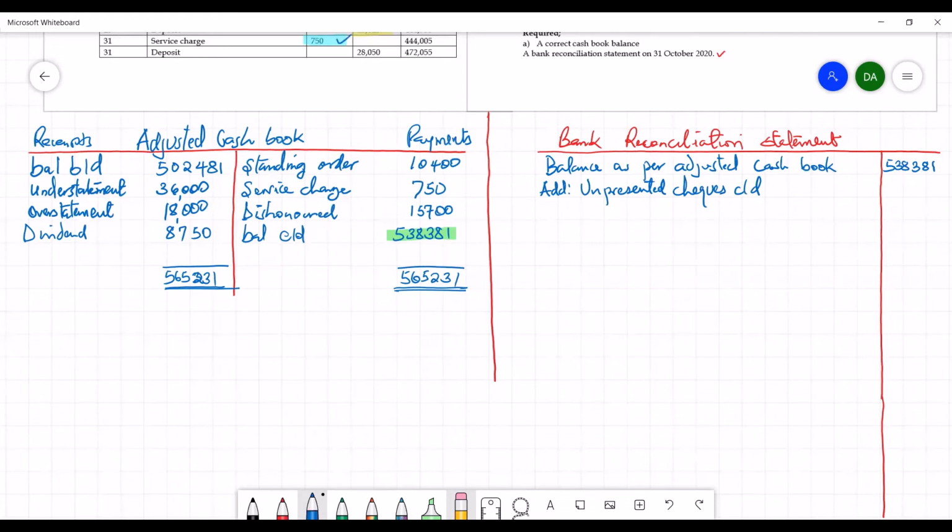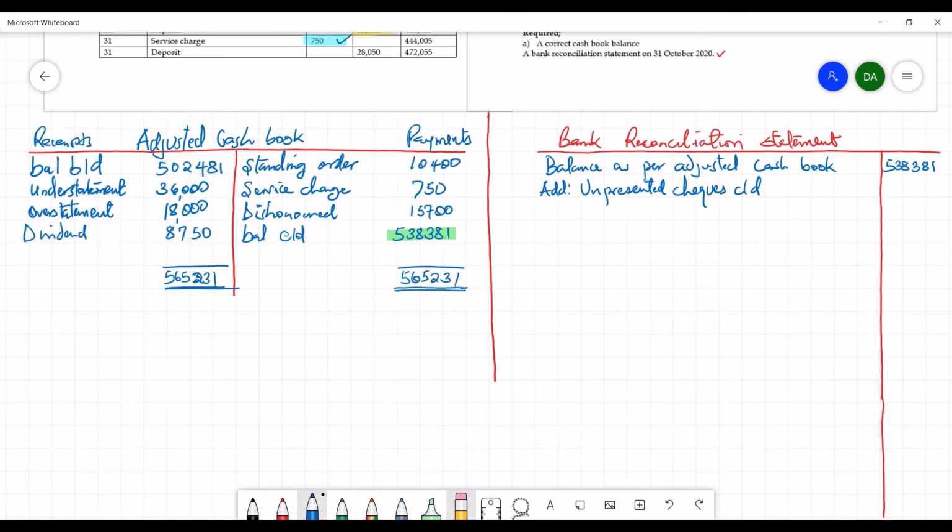That is the balance at the end of the period.